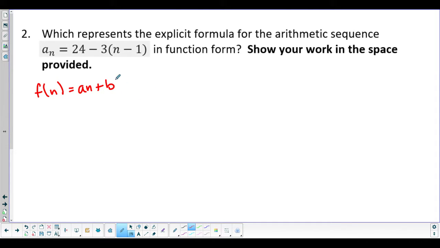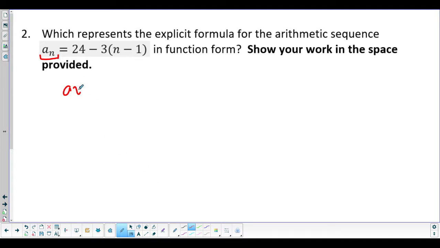Now this is a little confusing because this an is not the same as this one. This a, we call this a sub n, as in a subscript, meaning below, and that represents a series or a sequence, right? But a times n is just like a times x.